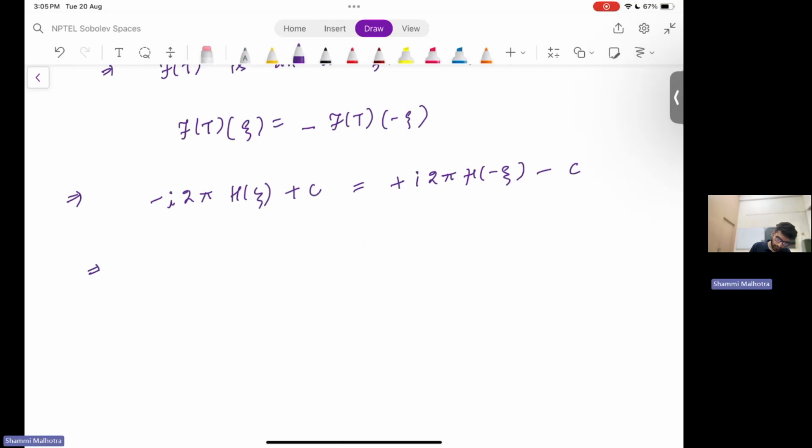And this whole gives me one thing: 2c is nothing but 4 iota pi, which is 2 iota pi only, 2 iota pi of Heaviside of xi plus Heaviside of minus xi.